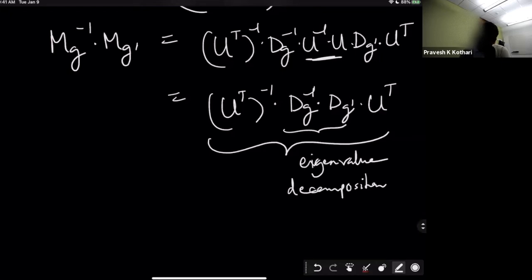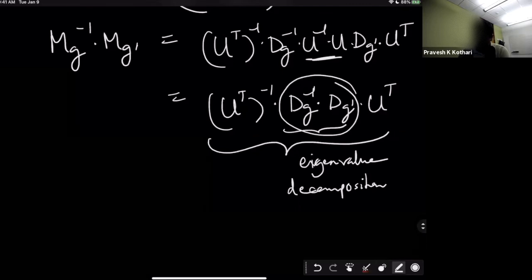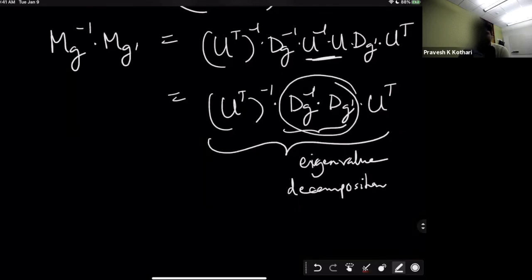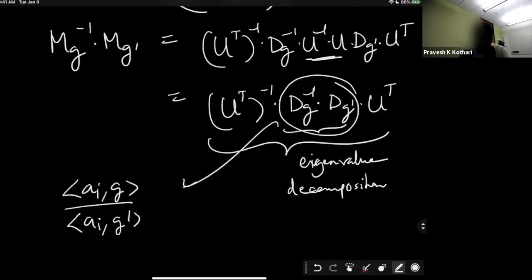And notice that D_G inverse D_G' is a diagonal matrix. In particular, the entries on the diagonal would be distinct, because the entries of this matrix are a_i dot G over a_i dot G', or the other way around.